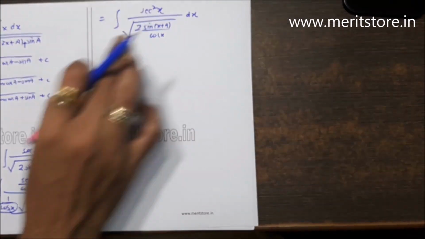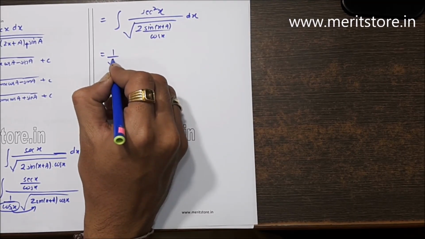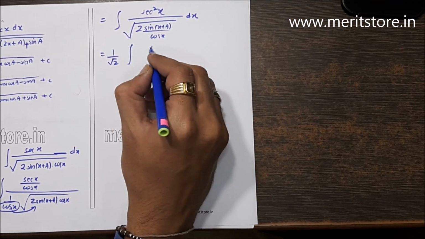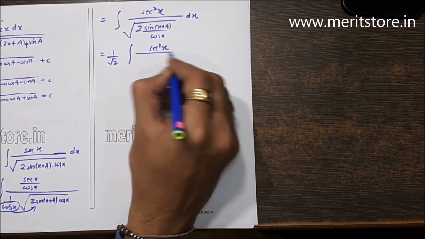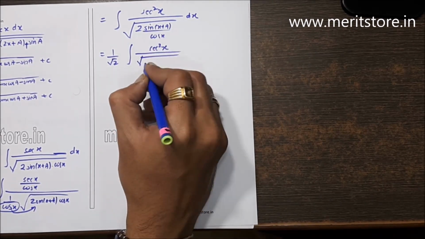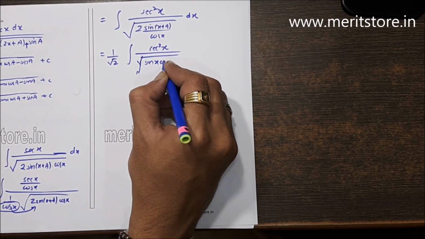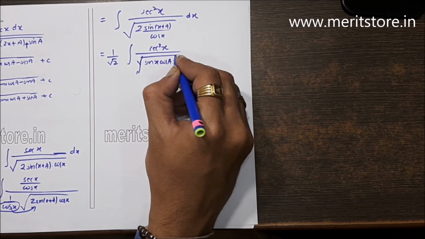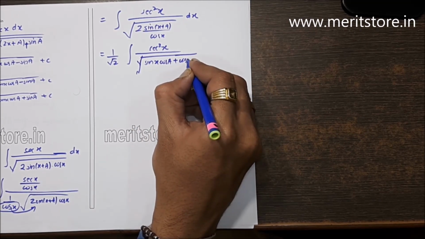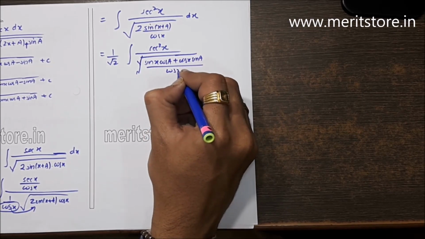Taking the root 2 outside, which I can see in some of my options, I am taking 1 upon root 2 outside. I will get integral of sec square x upon root of sine of x plus a, which will be expanding as sine a cos b plus cos a sine b, the whole upon cos x.